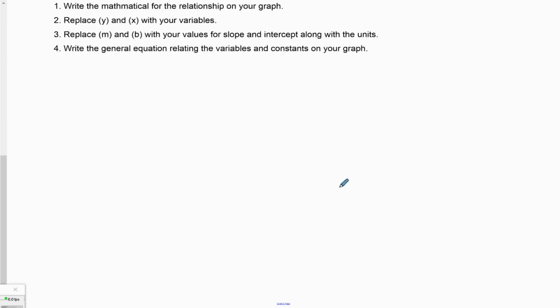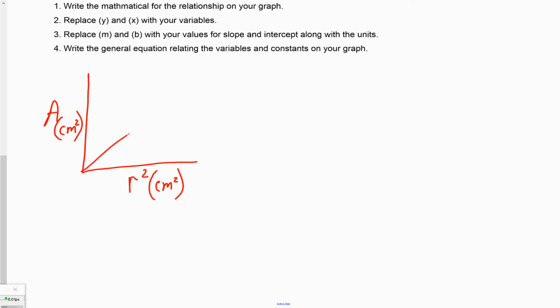In this case, I made a graph of area in centimeters square versus radius square in centimeters square. And when we did that, we got a straight line with a slope of 3.13. And the unit, well, rise over run, that would be a centimeter square over a centimeter square, and something should tell you what happens when you divide those two.